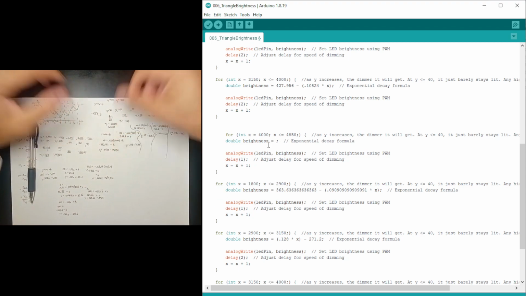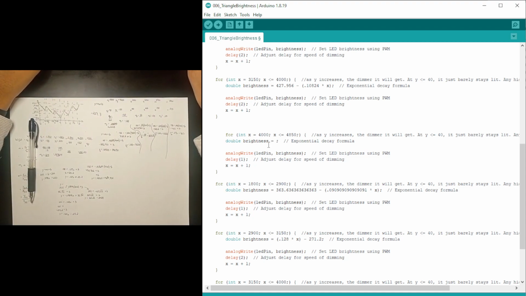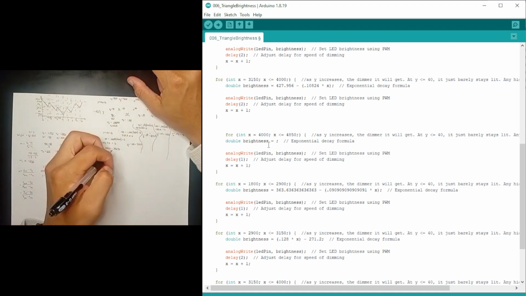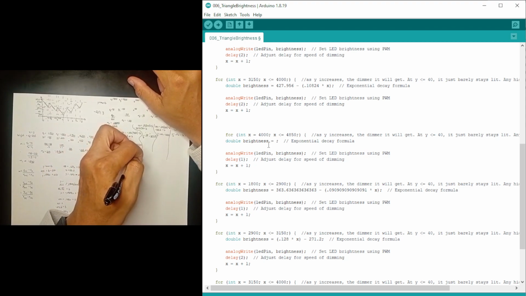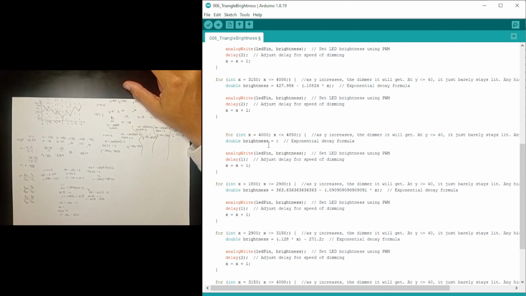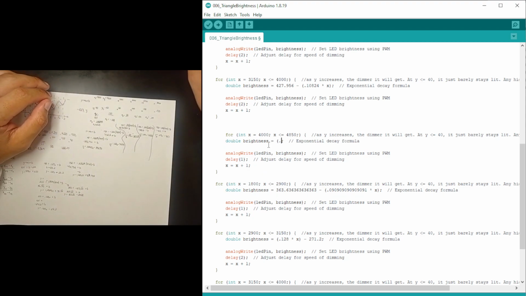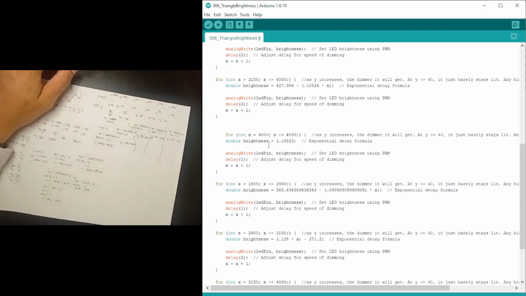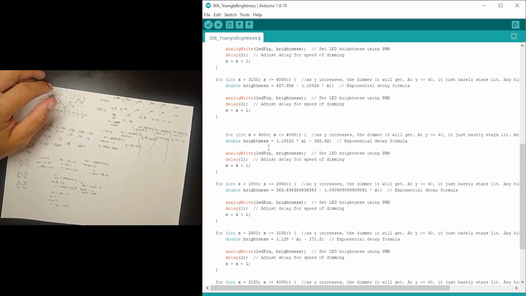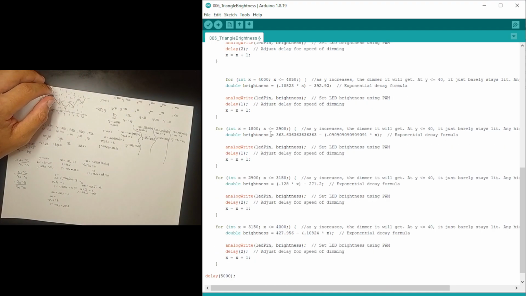First equation, that one should have an x. 0.10823 times x minus 392.92. Let's keep that like that for now.